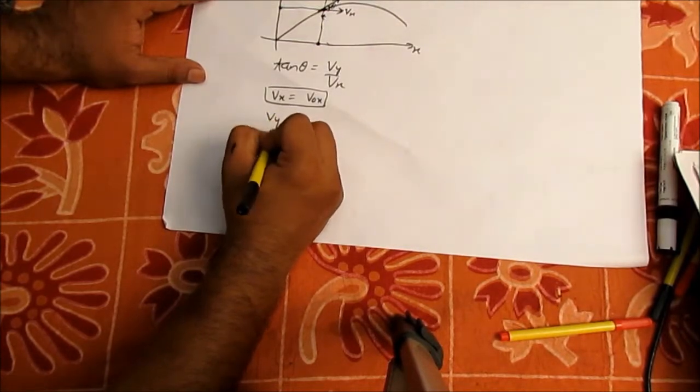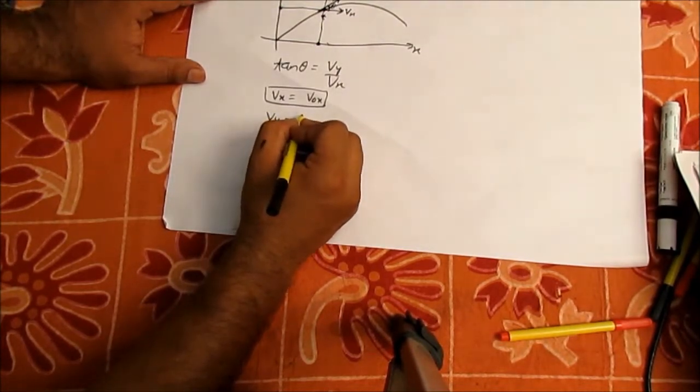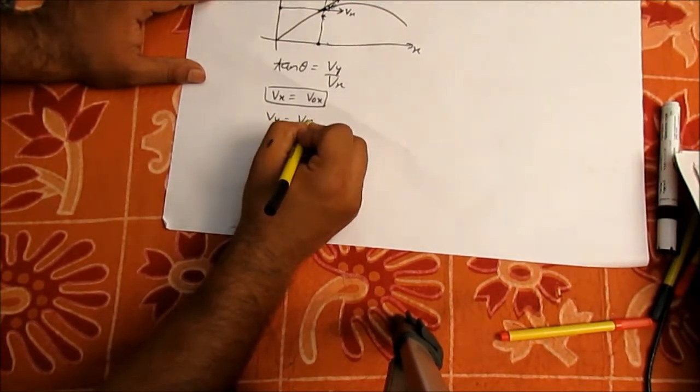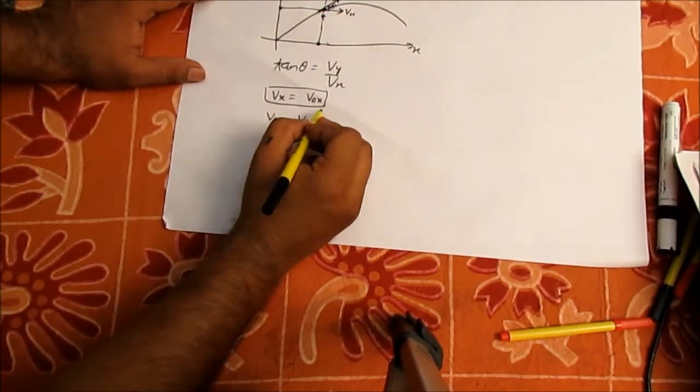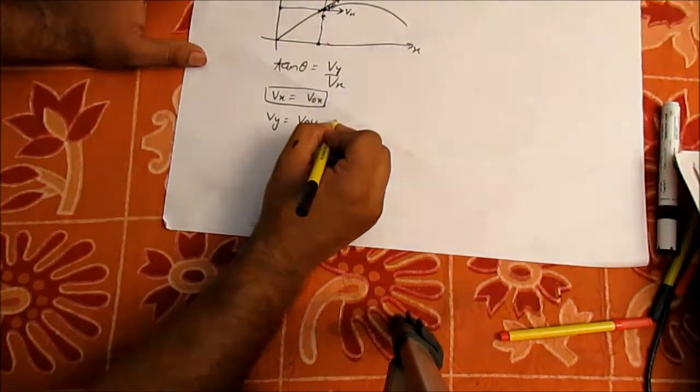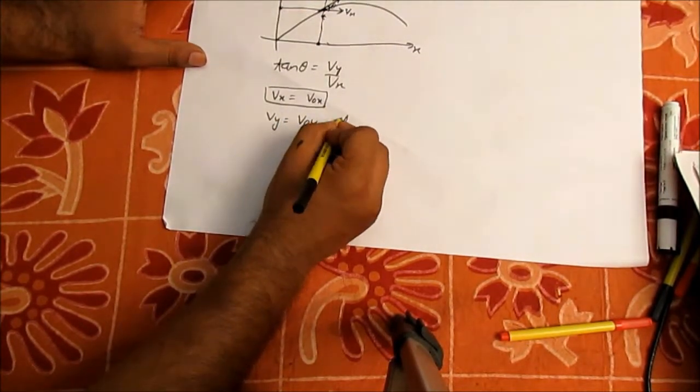Using v is equal to u plus at, the initial velocity in the vertical direction is v0y, and acceleration is minus g along the negative y direction, at time t.